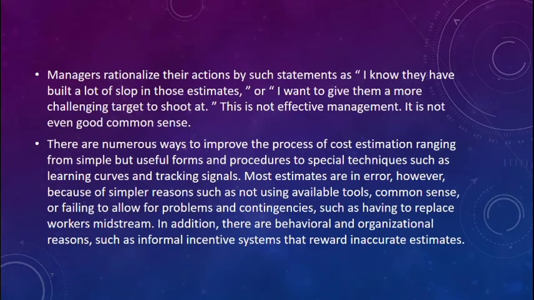Finally, a serious source of inaccurate estimates of time and cost is the all too common practice of some managers arbitrarily to cut carefully prepared time and cost estimates. Managers rationalize their actions by such statements as, "I know they have built a lot of slop in those estimates," or "I want to give them a more challenging target to shoot at." This is not effective management.